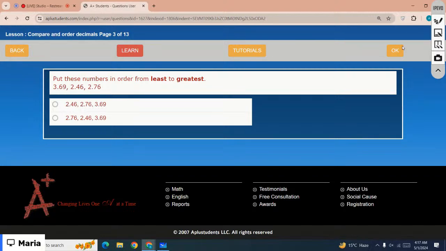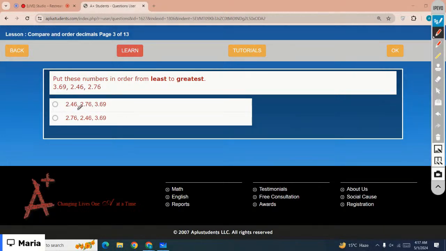The first thing is you have to compare their whole numbers. So their whole numbers are 3, 2, 2, right? That means this would be the greatest one, right? Now, because they have the same whole numbers, you have to compare their 10th digit now, right?